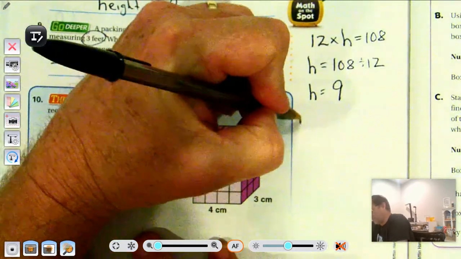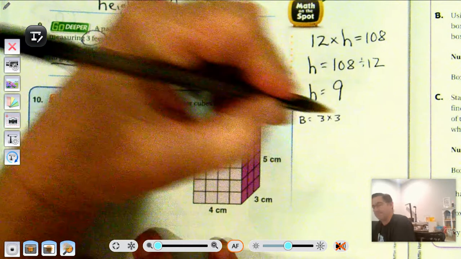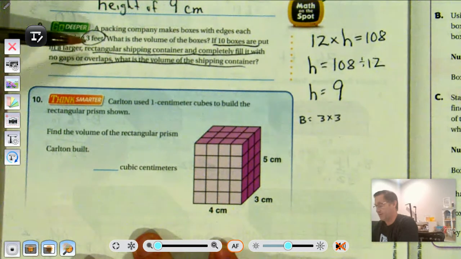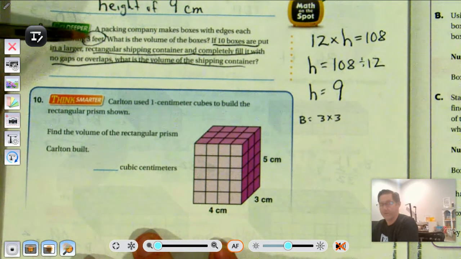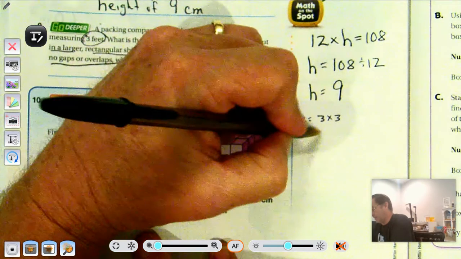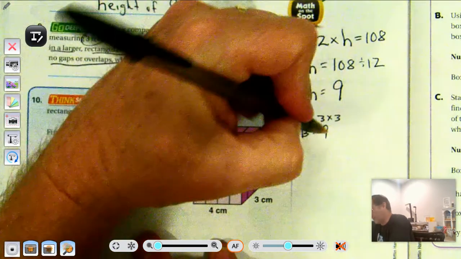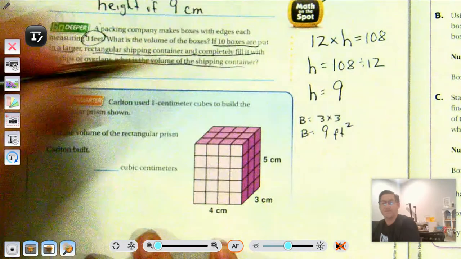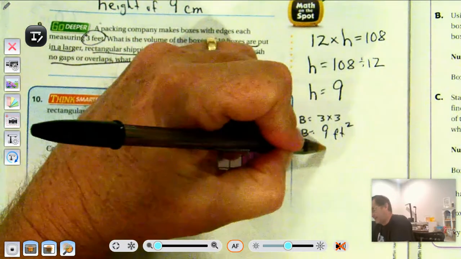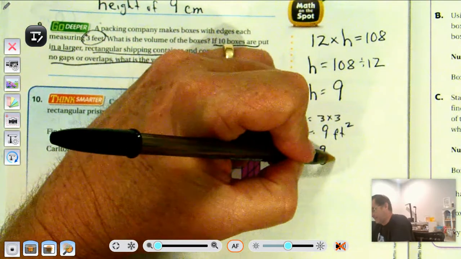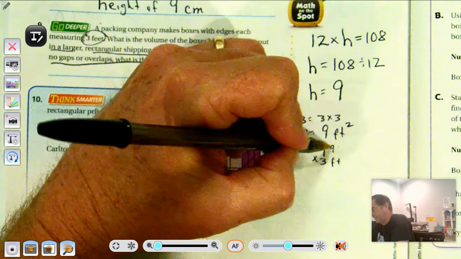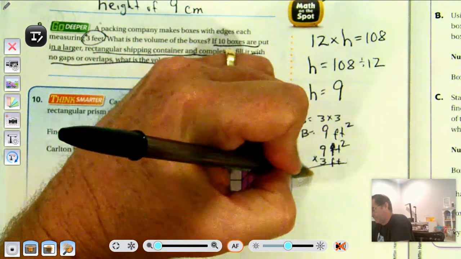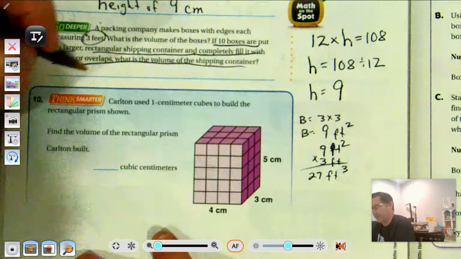So we have a base of 3 times 3, because it says the cube is 3 by 3 by 3, basically. So a base of 9 square feet, and it has a height of 3. So 27 cubic feet.